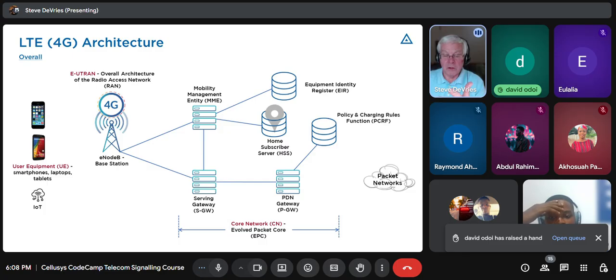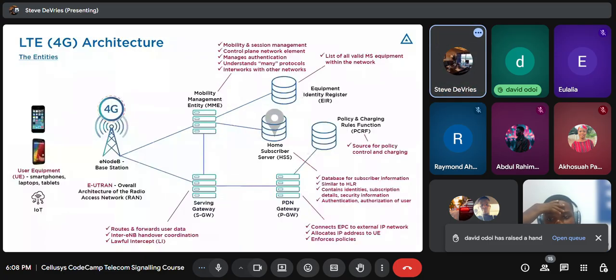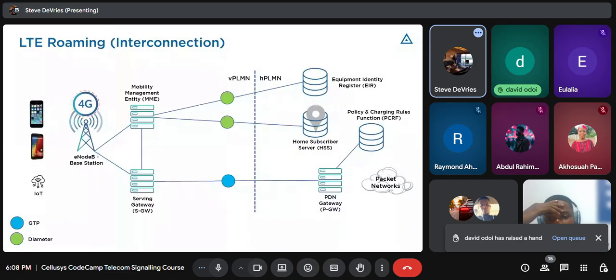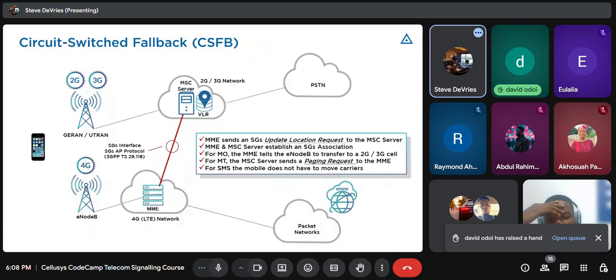Two ways. One way is right here. Circuit switch fallback. You go from your fourth generation, you have this connection back to the 2G, 3G network. And then this cell tower will command the mobile to retune to here for voice services. That's one way.